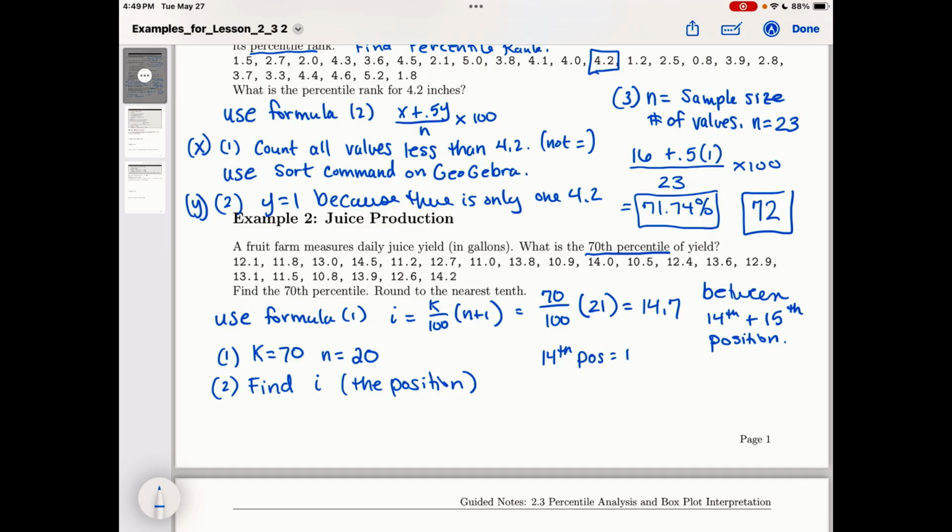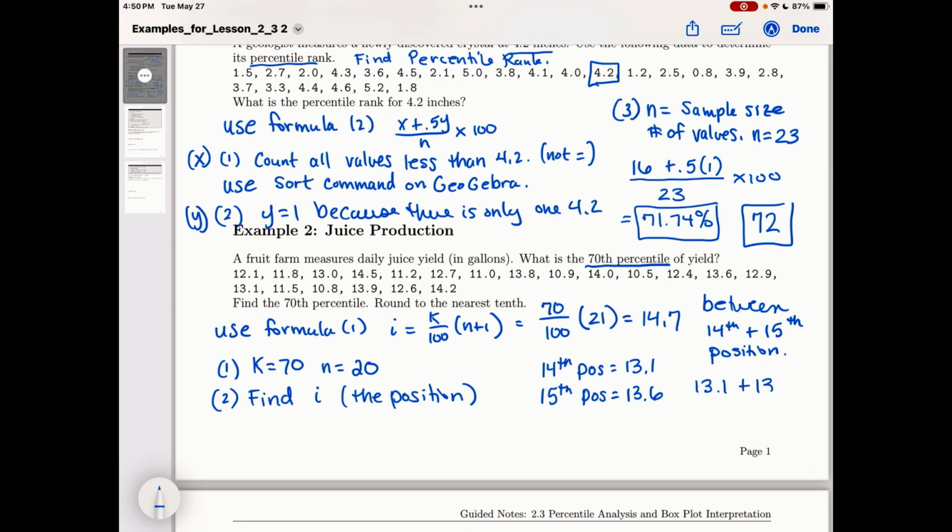So we said that the 14th position was 13.1 and the 15th position was 13.6. We're going to use the midpoint formula, which is 13.1 plus 13.6 divided by 2.